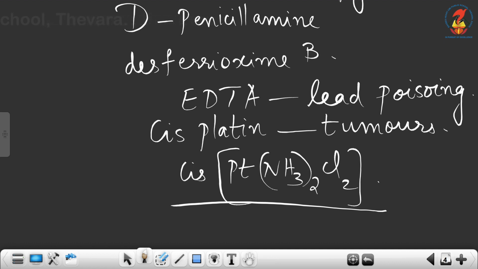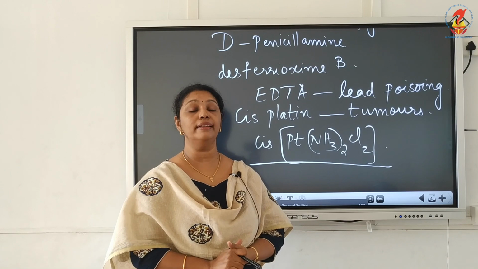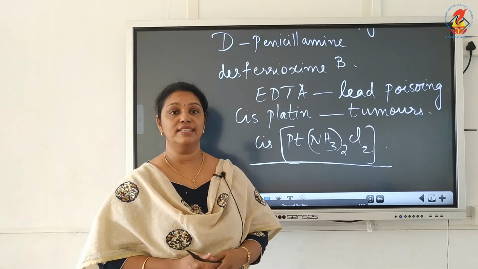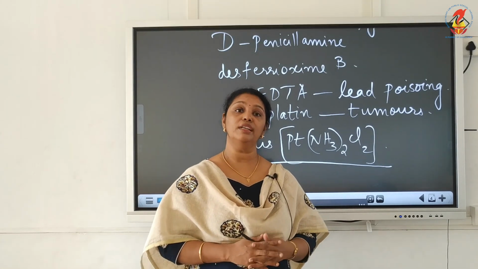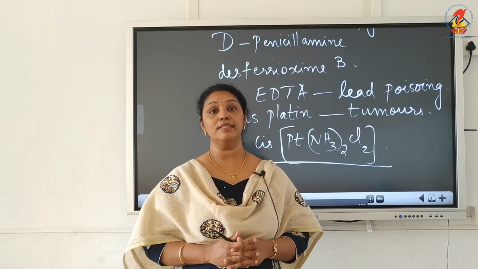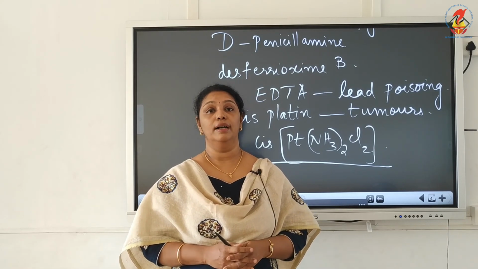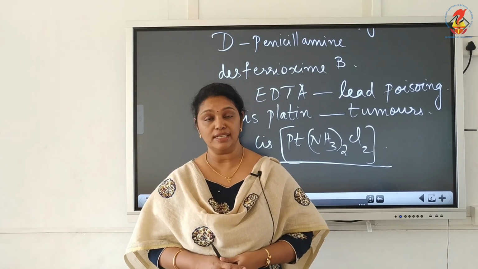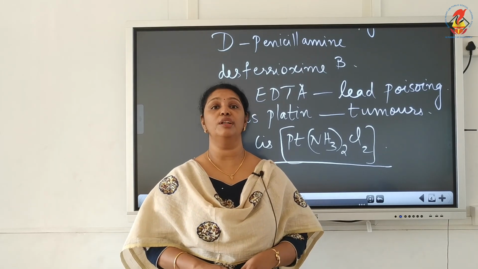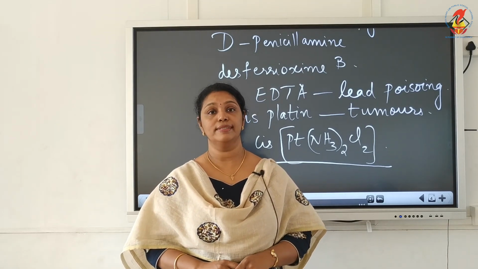So this is the use of coordination compounds in medicine. So these are the various applications of coordination compounds. So with this we complete the bonding in metal carbonyls and the applications of coordination compounds. Thank you.